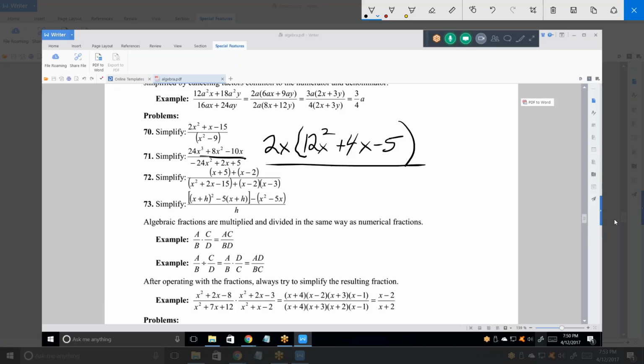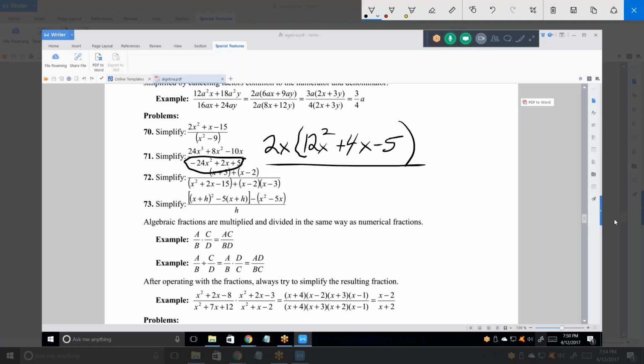The bottom. No greatest common factor. But I can probably factor it. It's not easy. Whenever you're factoring a quadratic that's got a negative coefficient in front of the x squared term, it really is helpful if you can make that positive for factoring it.